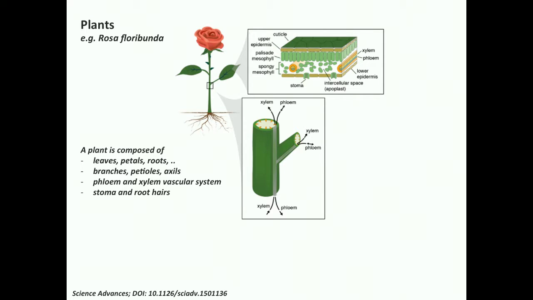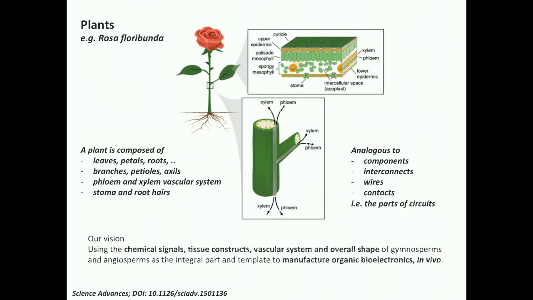And the root hairs, of course, are the component that performs the uptake of nutrients from the soil. In some sense, you can say that all these components are analogous to components, interconnects, wires, and contacts, all the four key parts that you need to bring together in order to make electronic circuits.